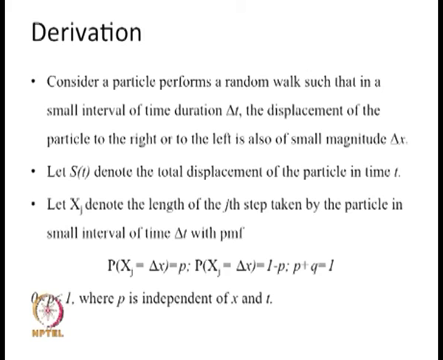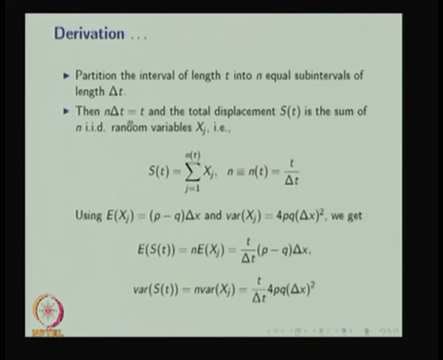The way we partition the interval 0 to t into n equal parts, therefore S of t, the total displacement, is nothing but the sum of n IID random variables xj's, where n is nothing but n of t, because you are partitioning the time interval 0 to t, of length t, into n parts. Therefore, n is a function of t. That is nothing but t divided by delta t.